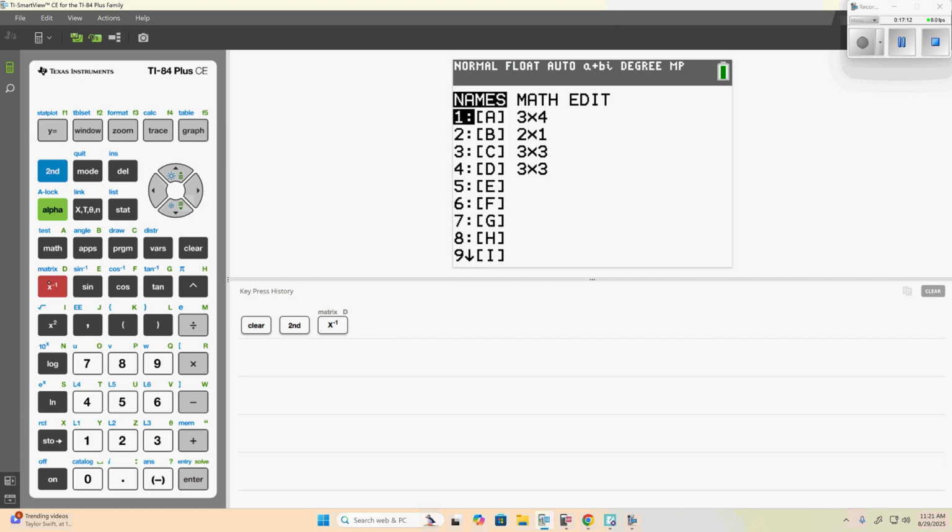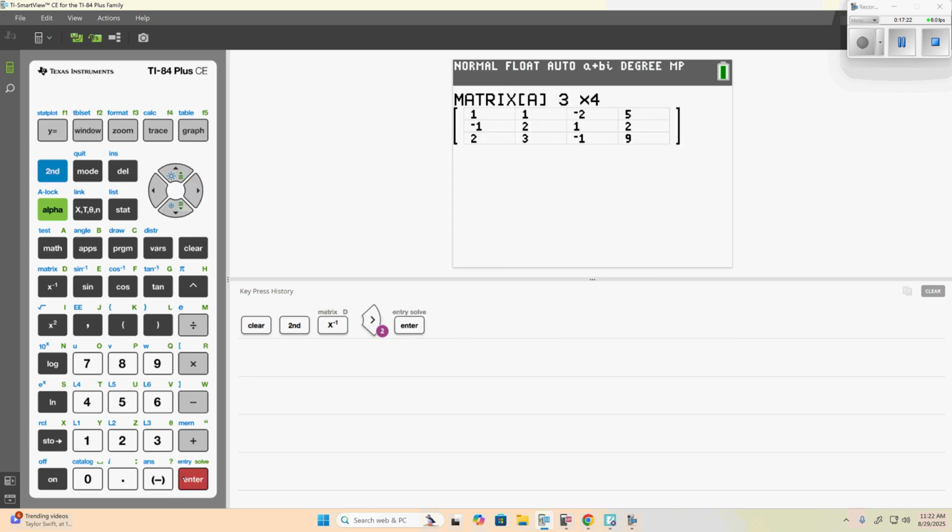Go press the right arrow over 2. We want to go over to edit. And then hit enter. Because what this is telling us and what it's allowing us to do is to put the numbers into the matrices. There's most likely numbers already put in. Now, our dimensions, we said it was a 3 by 4.